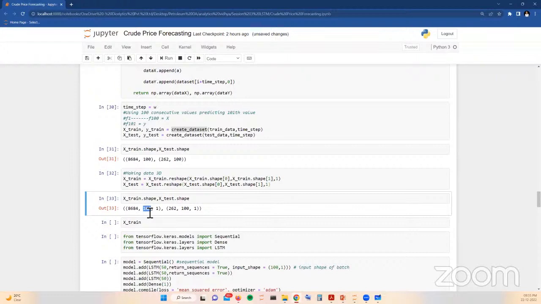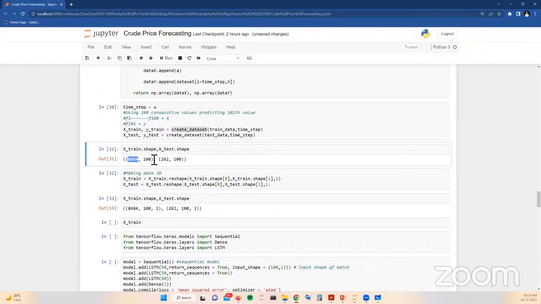Ashwin, why is reshaping done? The reshaping is basically done because currently I have only one feature. But generally LSTM expects an input in a 3D structure. If I have more than one feature, let's say 3 features, then I need not reshape the data itself. It will automatically give me a 3D array at this step.